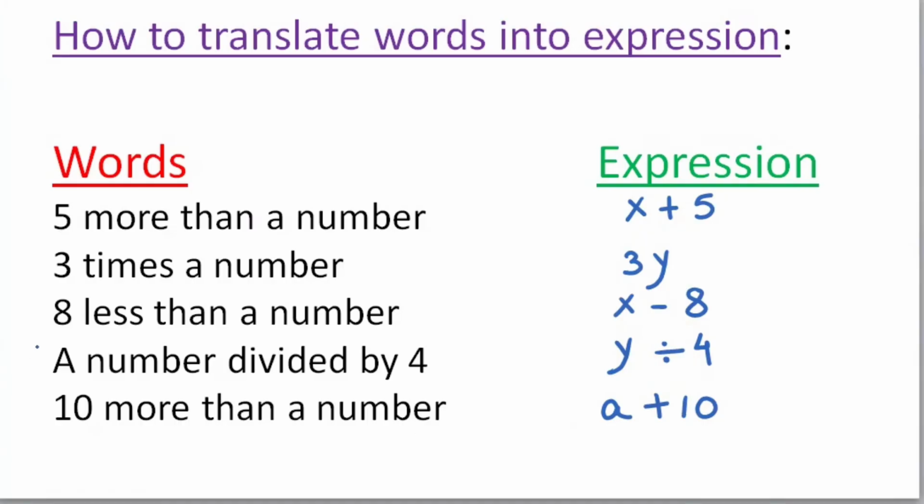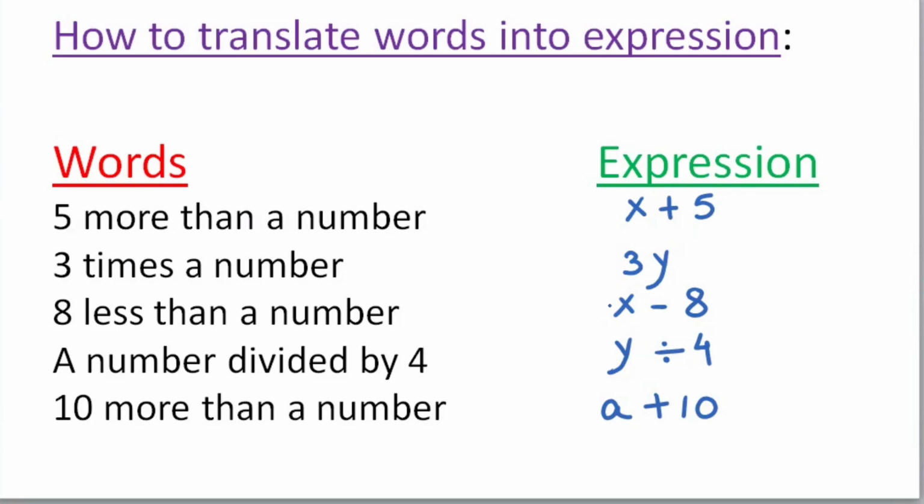Understand how we can translate words into expression. Here it was 5 more than a number and we don't know the exact number. So we represent the number with x here, and then we add plus 5. Here 3 times a number. A number is represented with y, and it is 3 times. It means 3 times y. The next one is 8 less than a number.